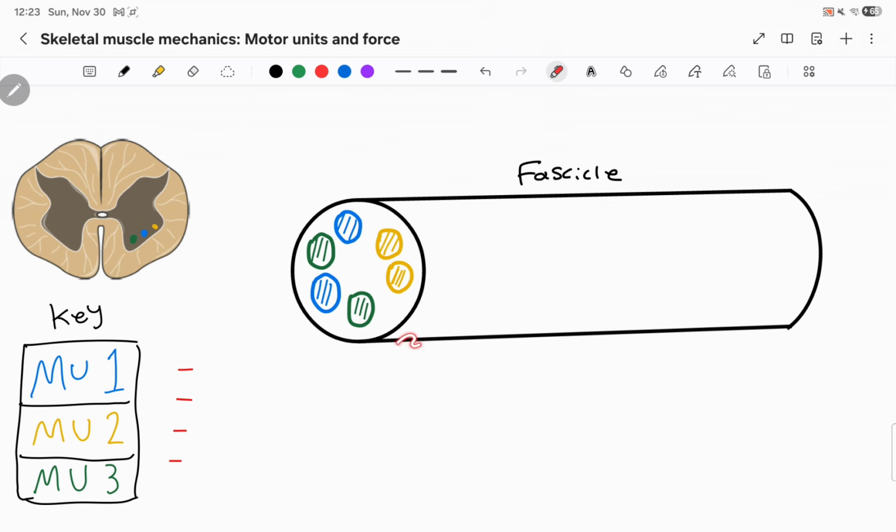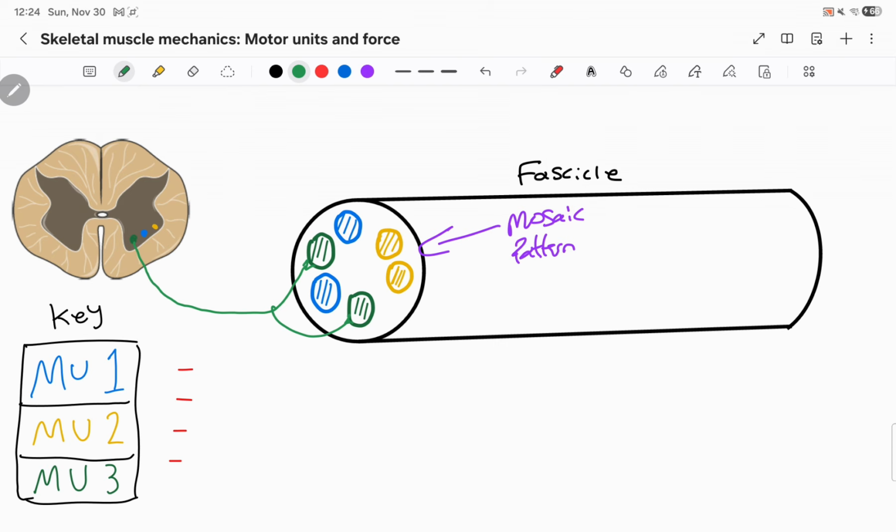So the type 1s and the type 2s are intermingling between one another, creating what's known as this mosaic pattern, okay? So this mosaic pattern comes from the fact that there is a homogeneous distribution of muscle fiber types inside of a fascicle. And the concept I'm trying to demonstrate to you here is that, as you can see, one motor neuron can innervate multiple myofibers of the same kind, right?